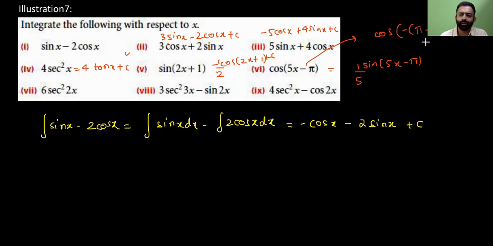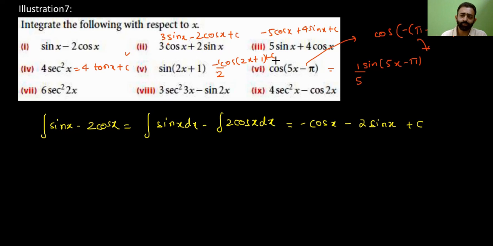So first of all, let us convert this into the integral. Either you can convert this final answer by writing this as minus sine 5x upon 5, or you first convert the given question into a single angle by using the property that cos pi minus theta is minus cos theta, or you can apply the same property after integrating this.